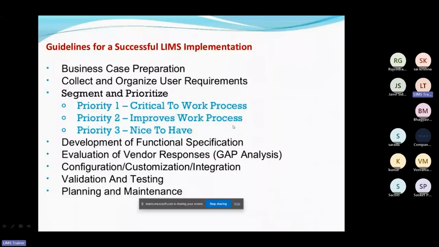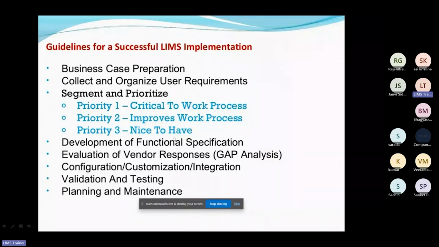Then comes nice to have: not actually required, but if they are in that software, it will be nice to have and will help other requirements.